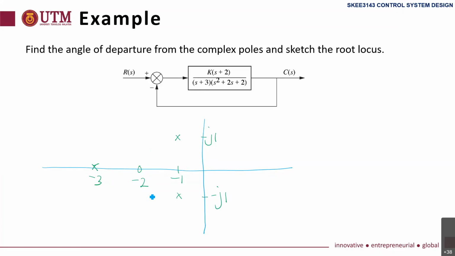Left of the odd number. This is number 1, number 2. Left of odd number. So root locus must be here. Left of odd number. So no root locus here, no here.